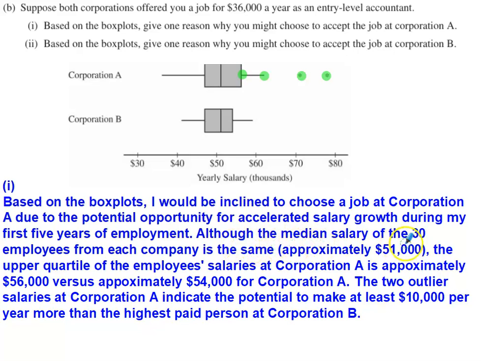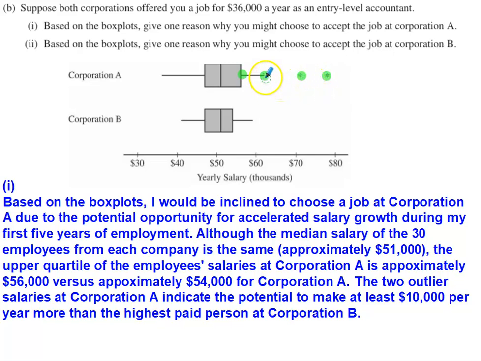Although the median of the 30 employees at each company is approximately the same, the upper quartile is higher for Corporation A, right? The upper 25% of earners at Corporation A earn more than the upper 25% of earners at Corporation B. We also have those two outliers at Corporation A. It'd be nice if 5 years down the road, you could be one of the people earning one of those outlier salaries.